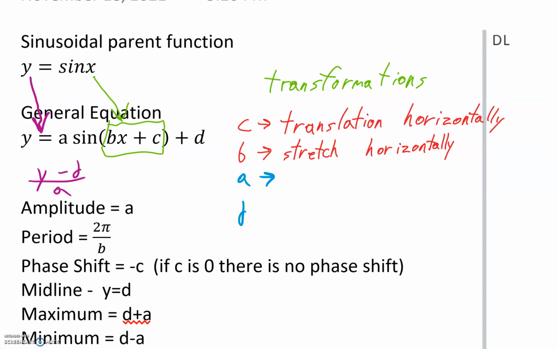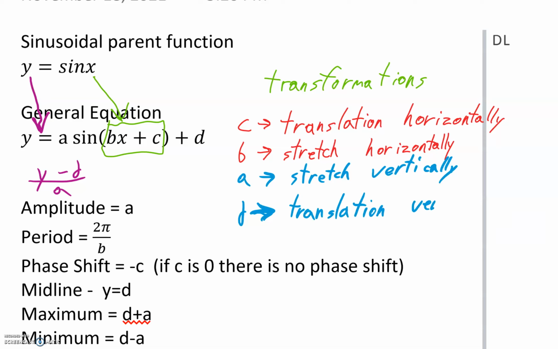Because a is multiplying or dividing y, it's a stretch, but it's vertical. Because d is adding or subtracting, it is a translation, but vertical. So two relate to the x, the horizontal, and two relate to the y, the vertical, and that might be one way of remembering this, and I hope that this helps you.